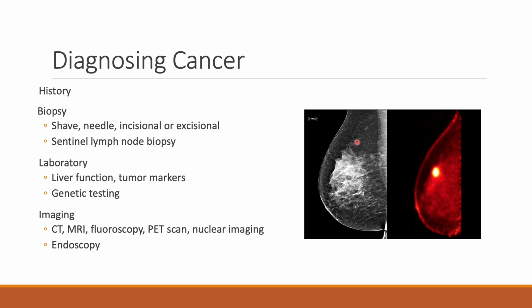Many other imaging studies, liver function, tumor markers. We'll talk about tumor markers in just a second. And genetic testing, which is readily available now. That paradigm shift occurred some years ago. It used to be you had to first go to a geneticist and give your whole history, get an order for the genetic testing, and it was really expensive.